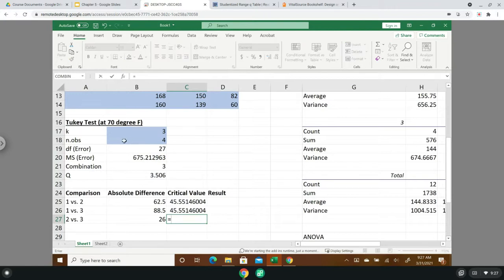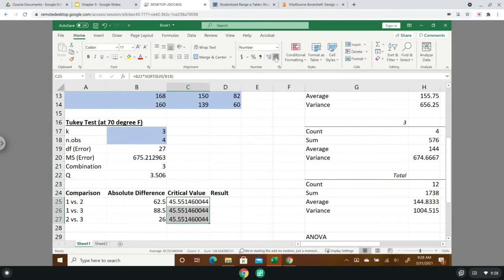And once again, Q value multiplied by square root of mean square error divided by number of observations. If you want to narrow it down to two decimal places, we can do that as well.